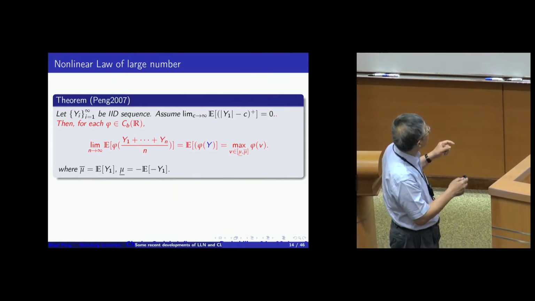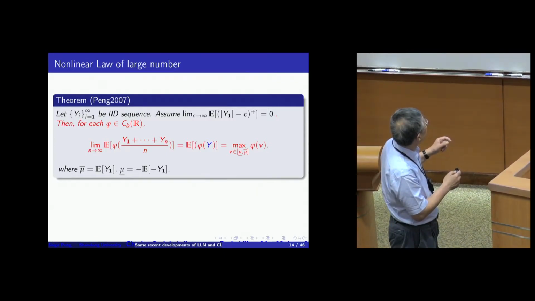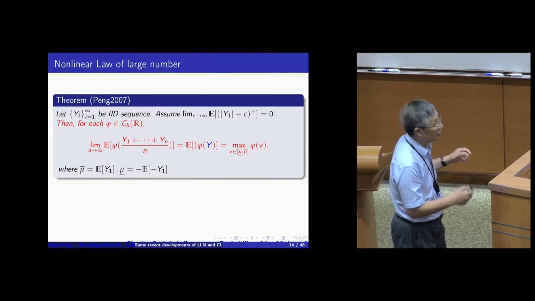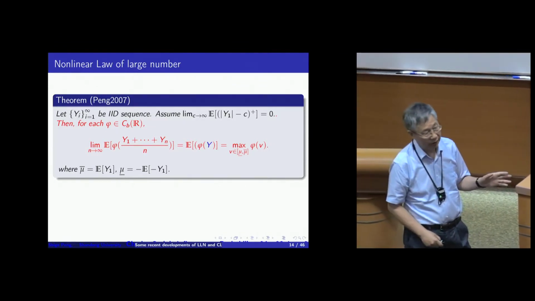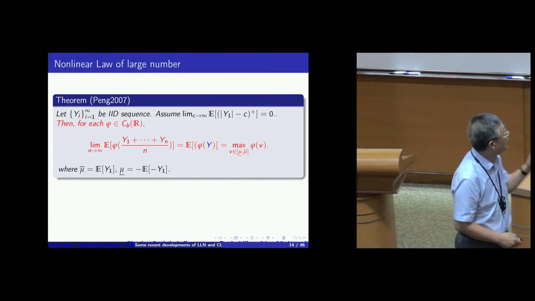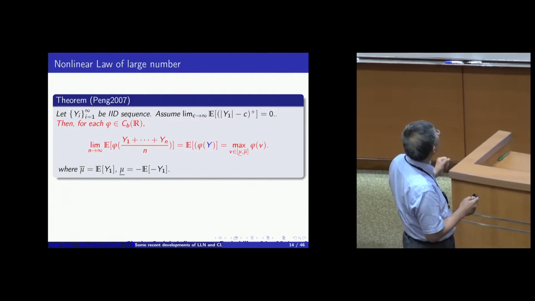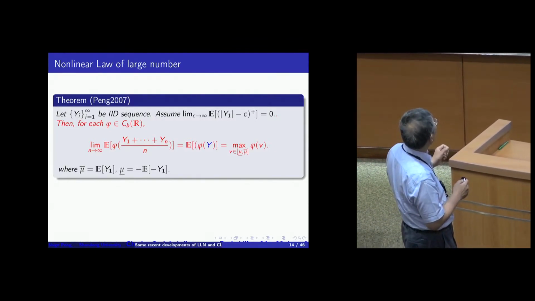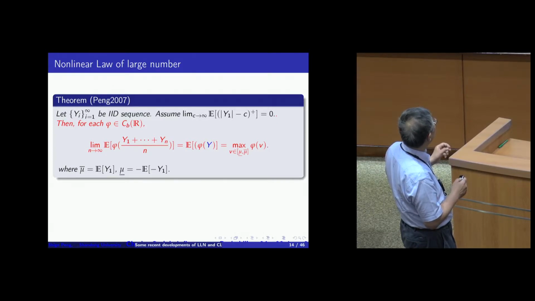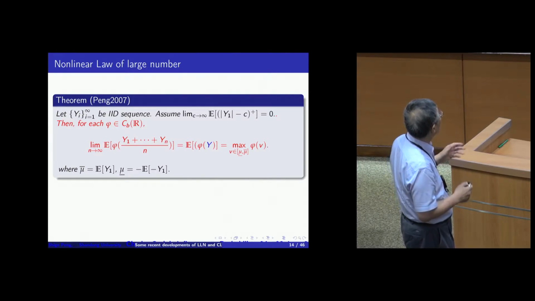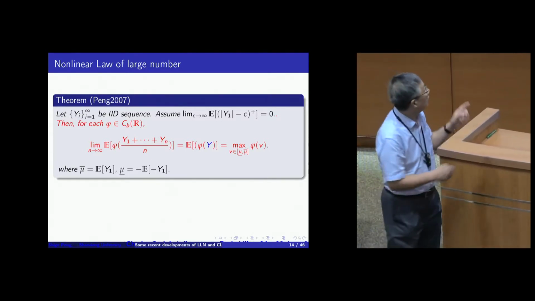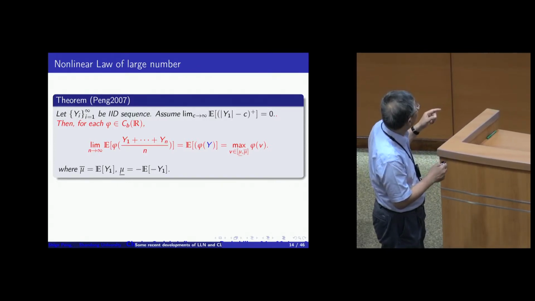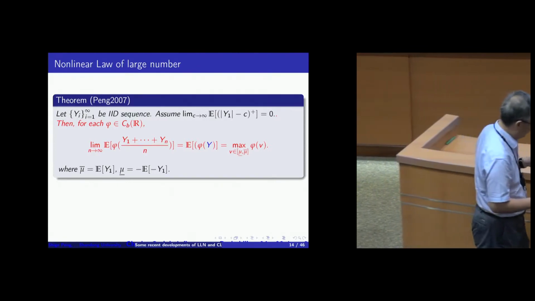This is exactly like the classical situation, but for any given phi, when n tends to infinity, it is maximal distributed. And then the upper mu is just the sublinear expectation of y1, and the lower mu is this one, minus the sublinear expectation of minus y1.